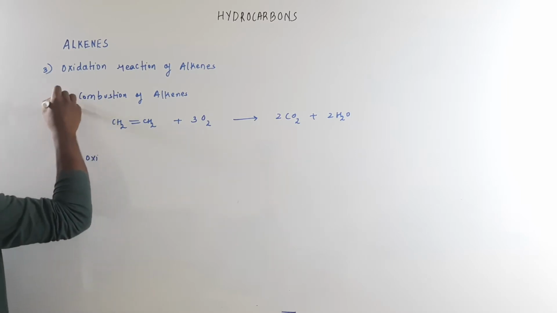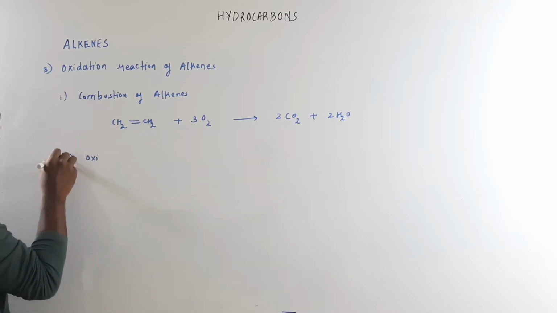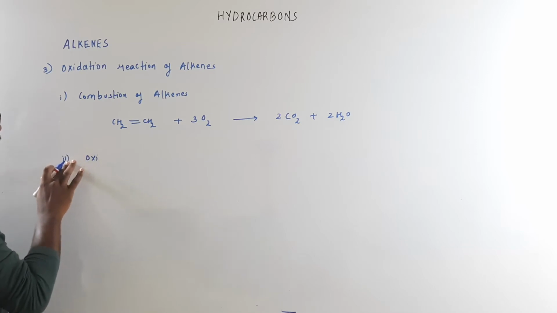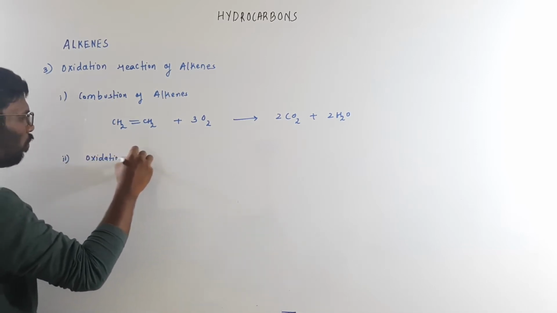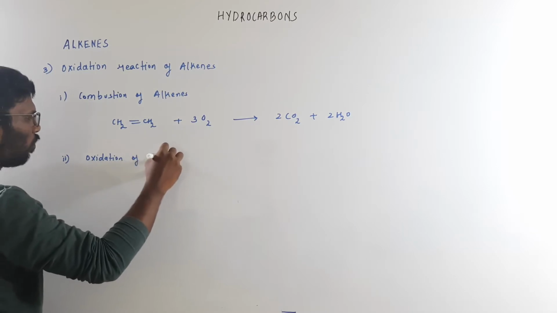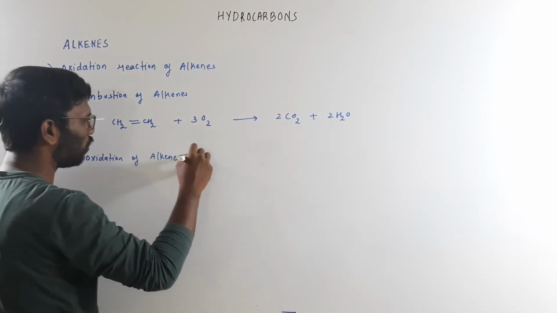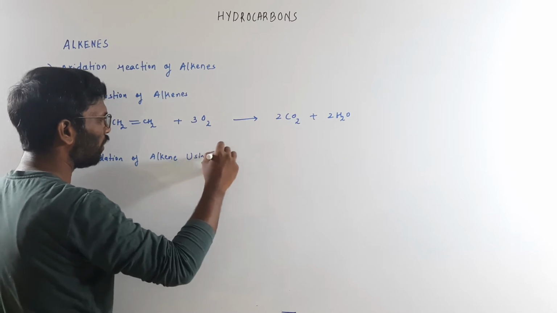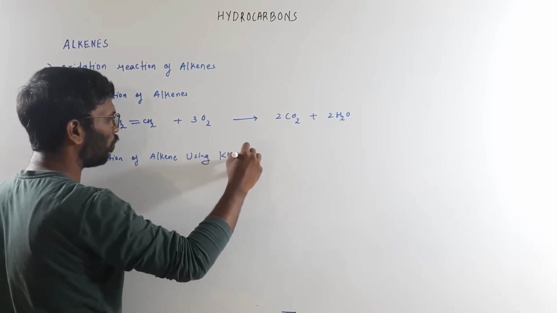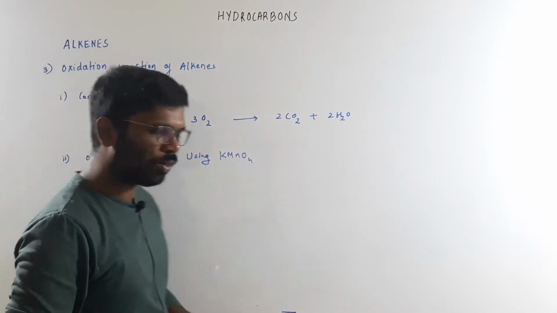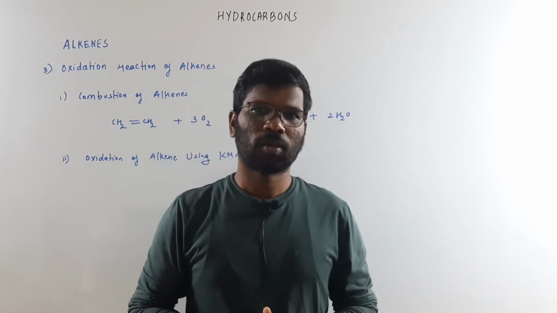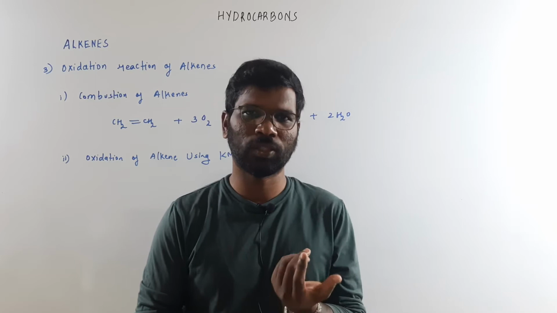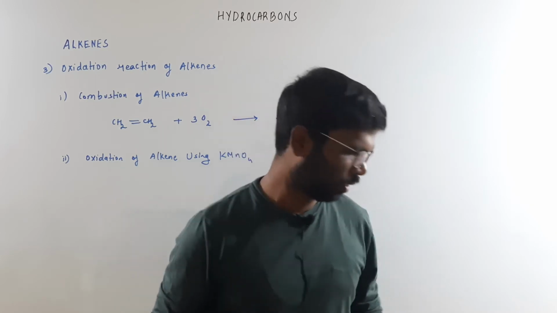Now the next reaction is the oxidation of alkene using KMnO4. There are two ways by which this alkene can be oxidized using KMnO4.